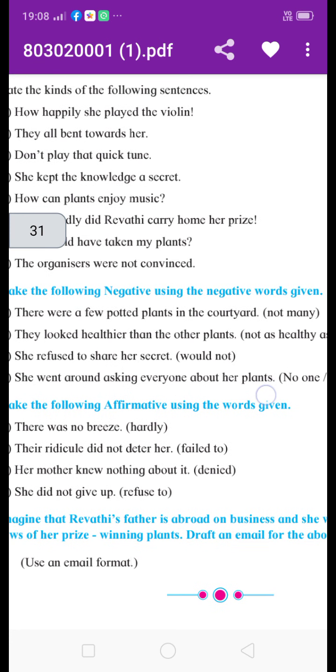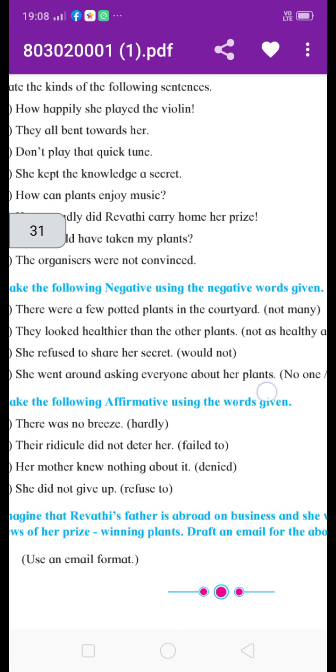They looked not as healthy as the other plants. Then next, she refused to share her secret. We have to remove 'refused to'. Instead of that we can write 'would not'. She would not share her secret. And that's why the meaning remains the same.